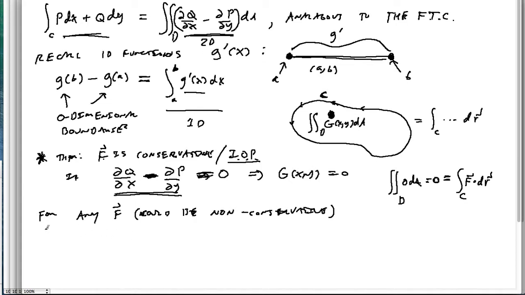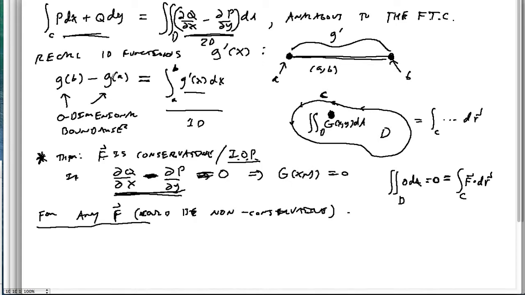So Green's theorem works for any vector field, provided our partial derivatives exist, provided that our set D that we're looking at has no holes, and that f and all of these functions are integrable on that. All right, so that just gives a little bit more structure as to what's going on with Green's theorem.